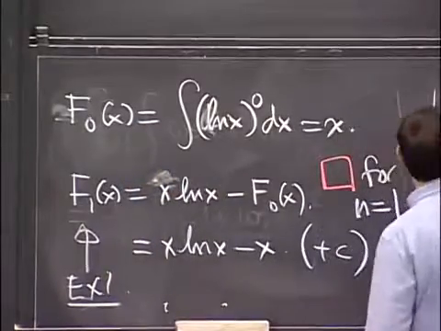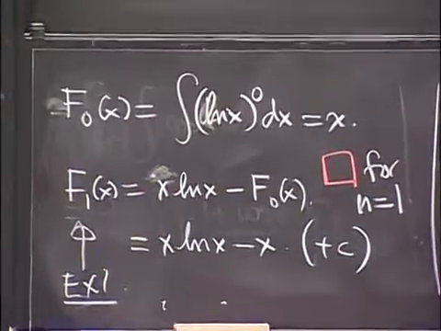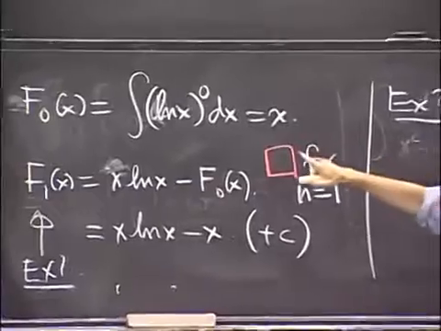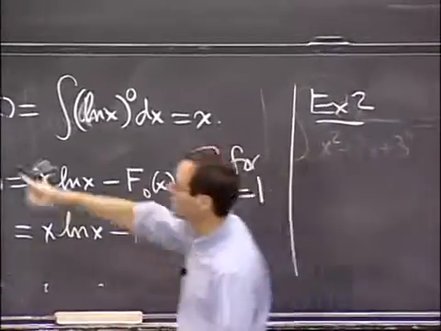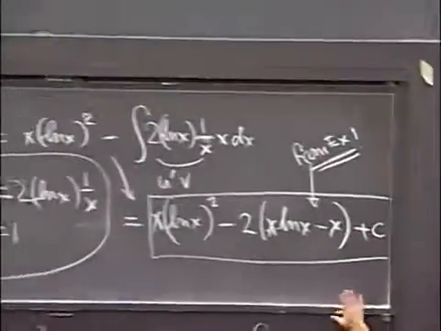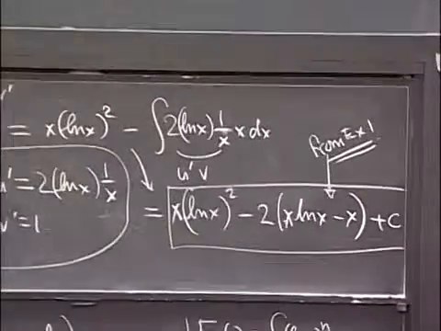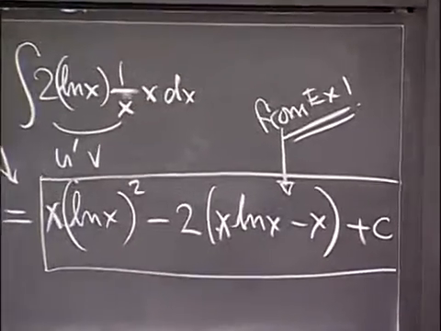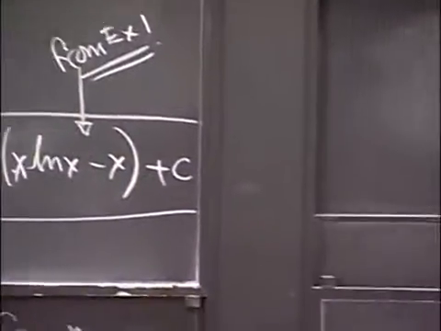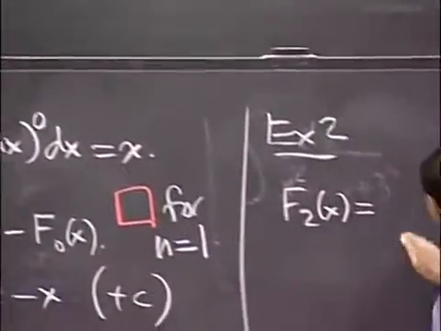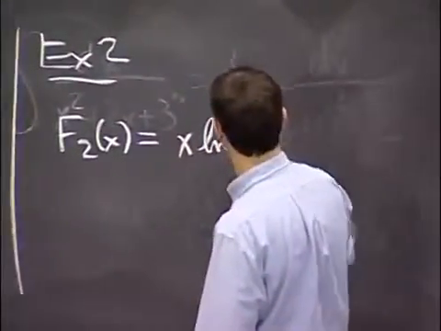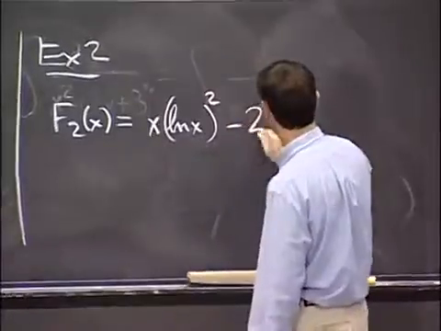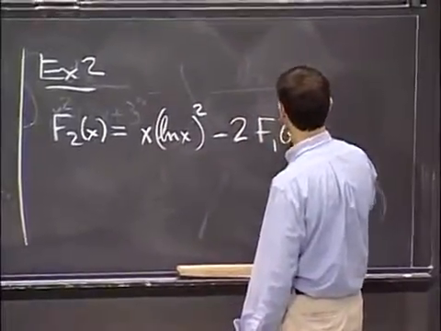And now example 2 works more or less the same way. I'm just summarizing what I did on that blackboard right up here. The same thing, but in much more compact notation. If I take f2 of x, that's going to be equal to x log x squared minus twice f1 of x.